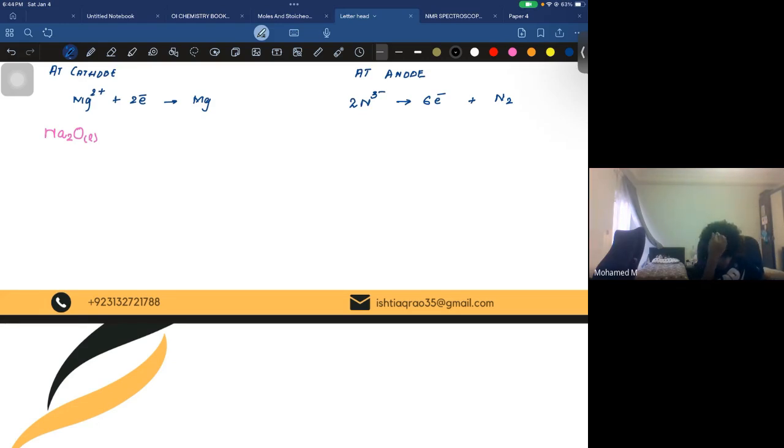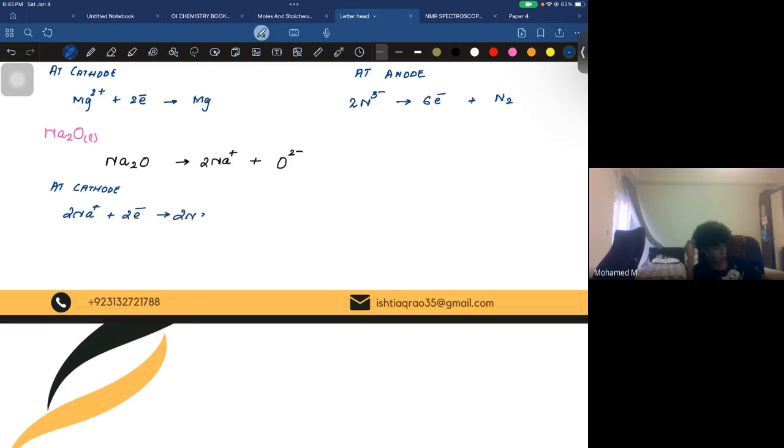So you did Na2O into 2 Na positive and O2 negative, then at the cathode Na plus plus e negative. I don't know if the 4e negative is correct, but I think it is.